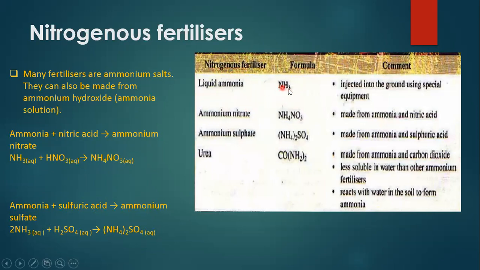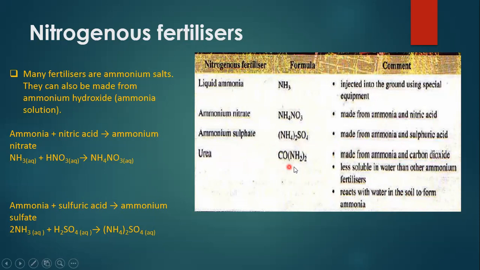Its formula is NH3, and it is injected into the ground using special equipment. Ammonium nitrate, as we discussed its formation here, NH4NO3, is made from ammonia and nitric acid. The next one is ammonium sulfate, (NH4)2SO4. It is made from ammonia and sulfuric acid.